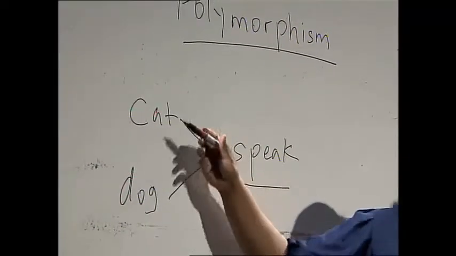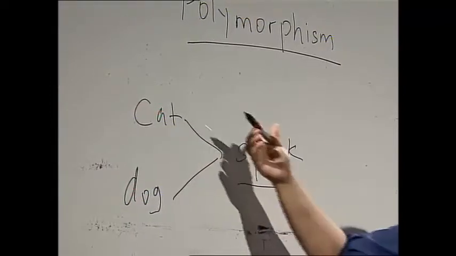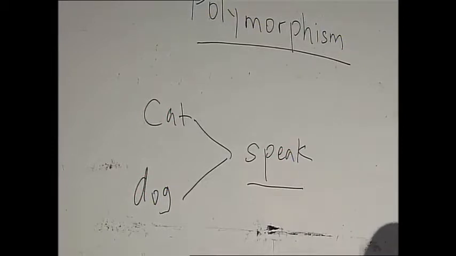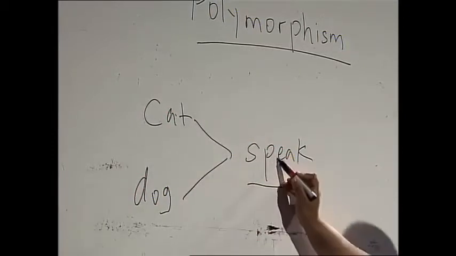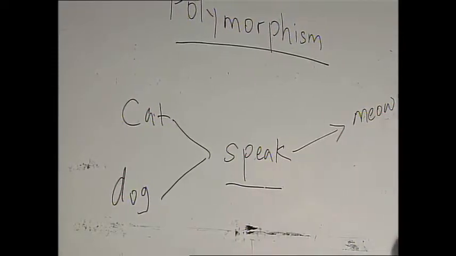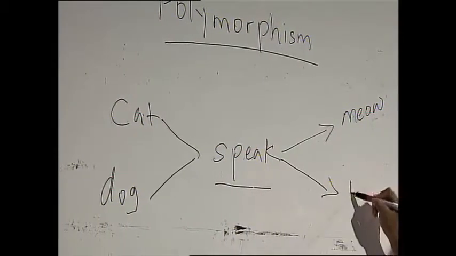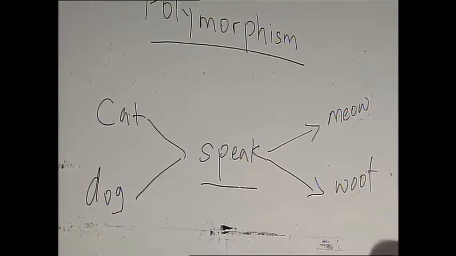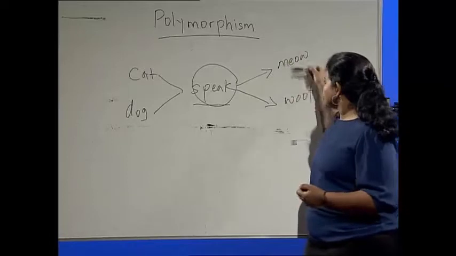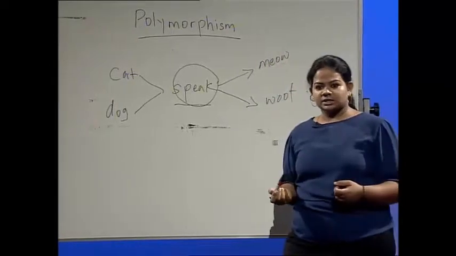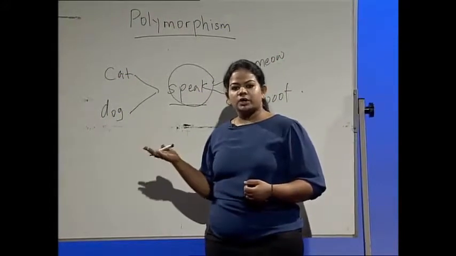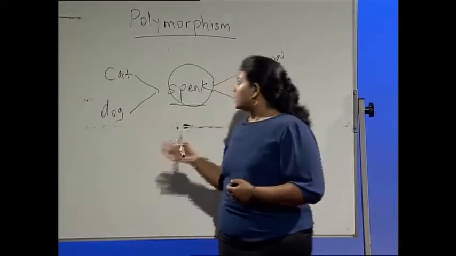In reality, obviously they don't speak, but they do perform separate functions. A cat speaks, but it says meow. A dog says woof. So using the same method name, we have achieved 2 ways of doing the task. So this is the basic understanding of what polymorphism is.